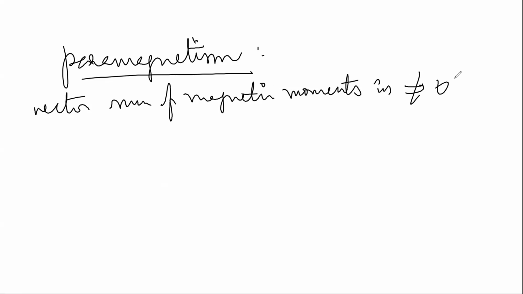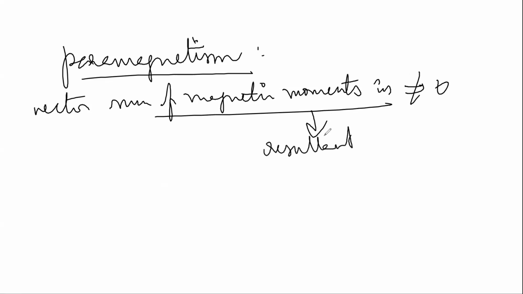Now that means what? When the vector sum of magnetic moments is not equal to 0, there is a resultant magnetic moment. Resultant magnetic moment is present. There is some value, that's the magnitude of the resultant magnetic moment, other than 0.